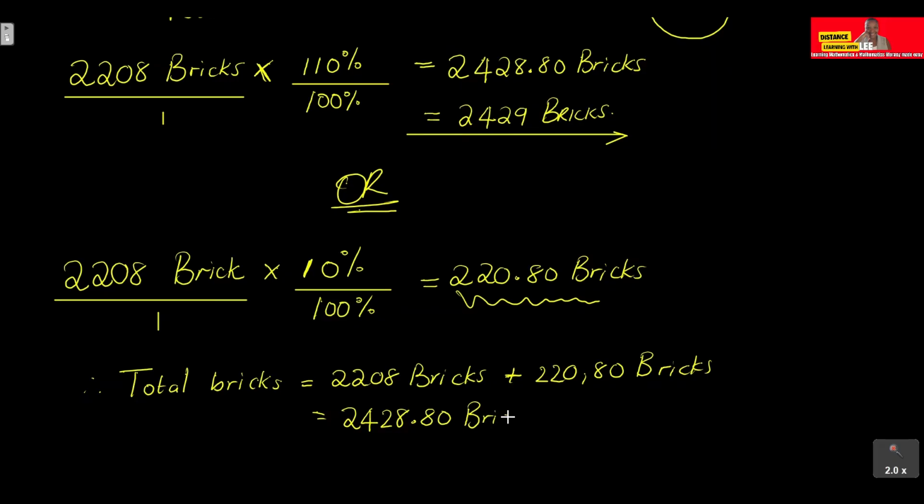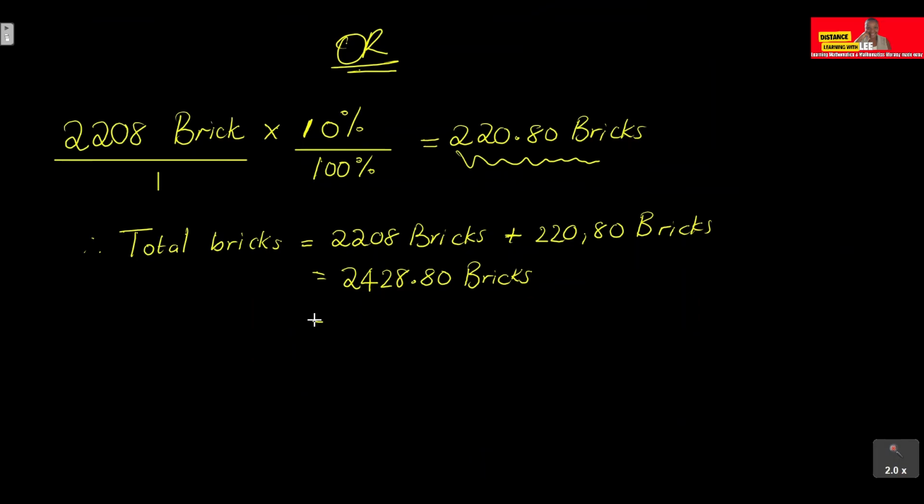But remember, guys, in a real life situation you need to round this value up, so it's just going to be 2,429. You can't just say, I'm going to need 2,428.80 bricks. No, just round the whole value up because you're working with a real life situation.